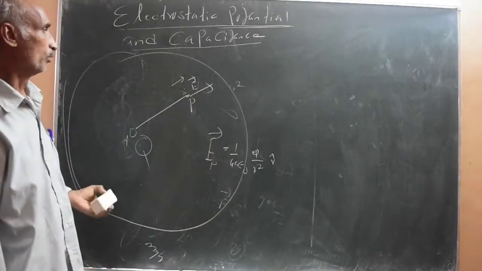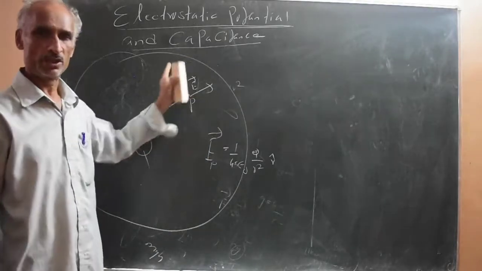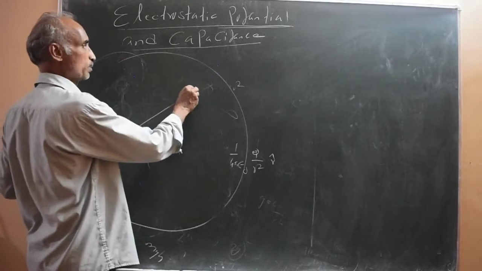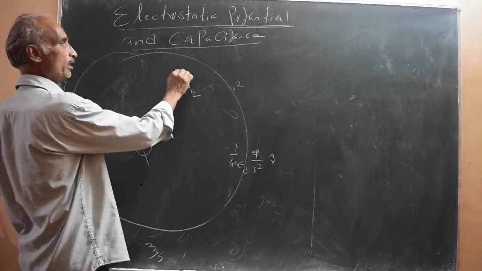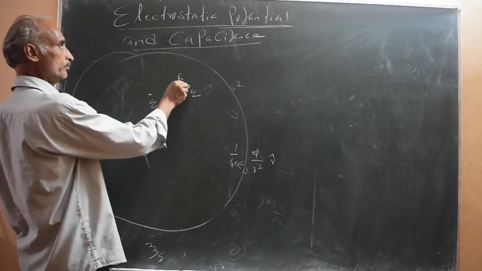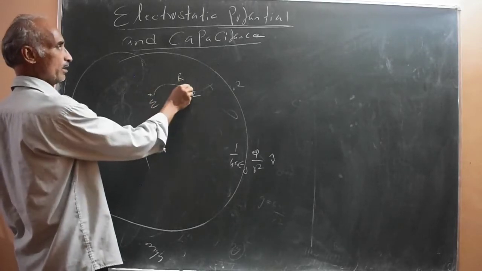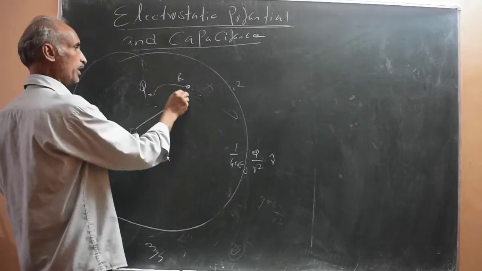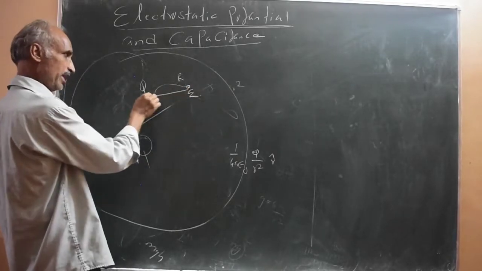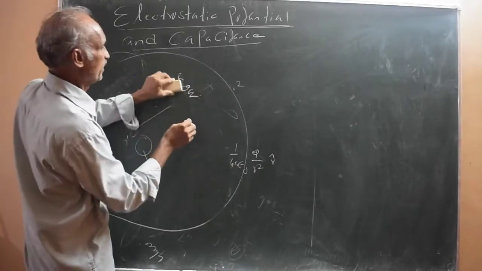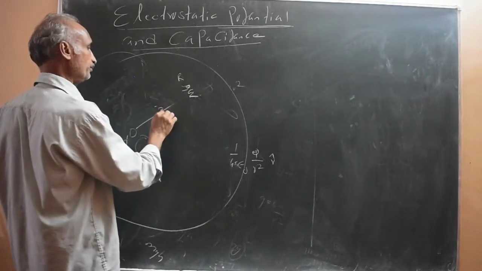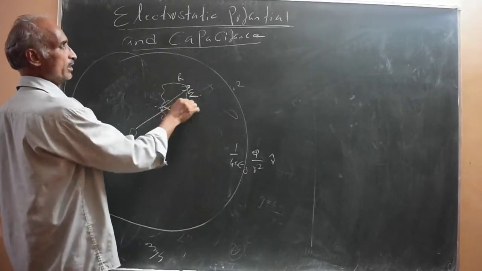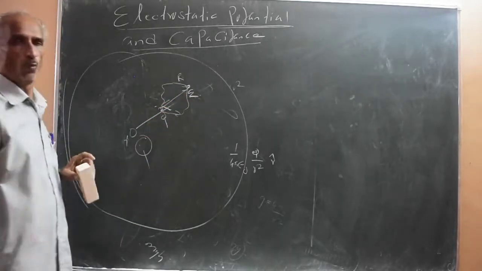So there is an electric field around the charge. If a test charge q is displaced from point R to point Q, say along a straight line path, or along a zigzag path, what is the work done?